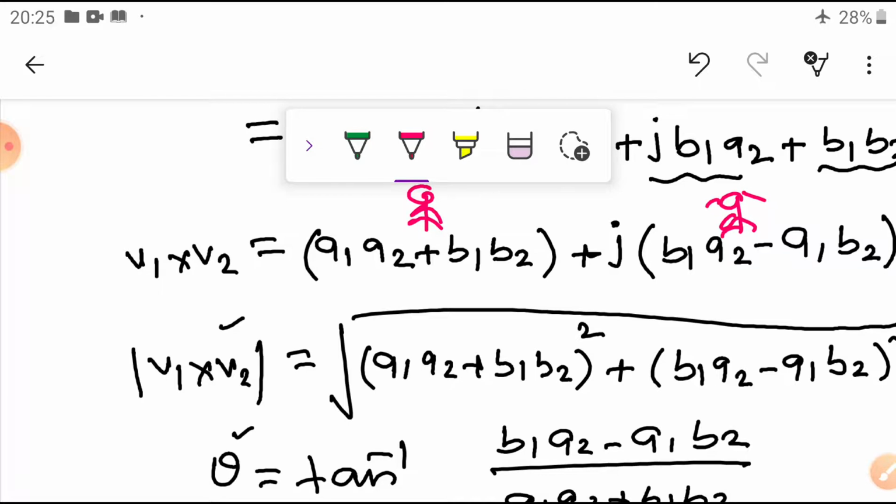Then theta is tan inverse of imaginary by real, and I get the angle. Very simple, dear students, in rectangular form. The same vectors we will solve in exponential form. You can see the easiness between the rectangular form and the exponential form. Okay. So, let us see.